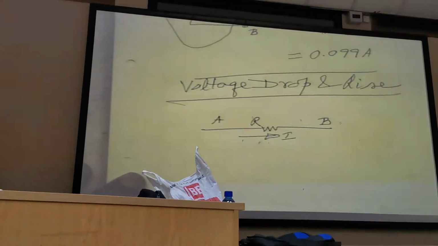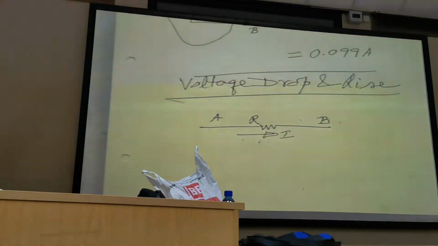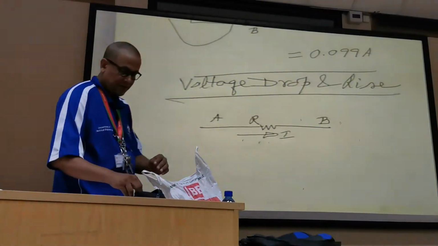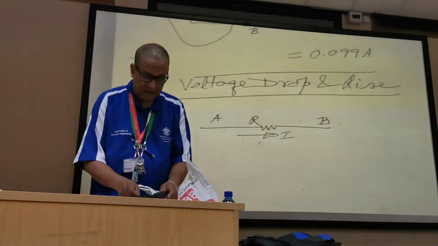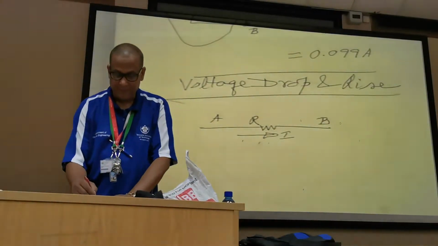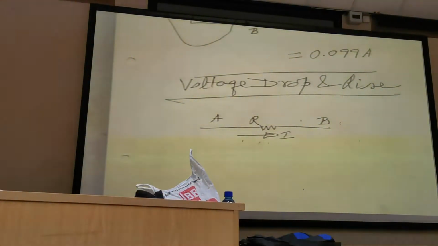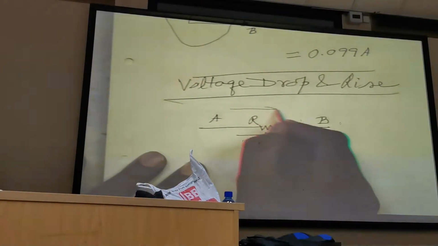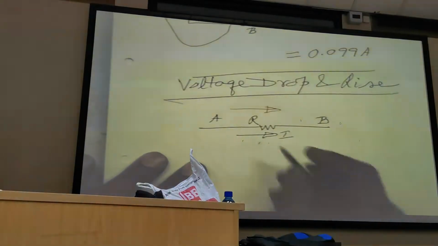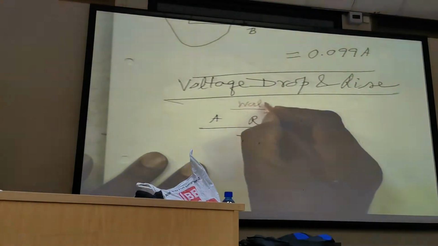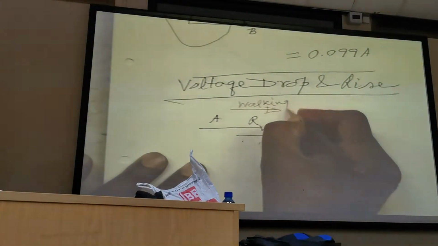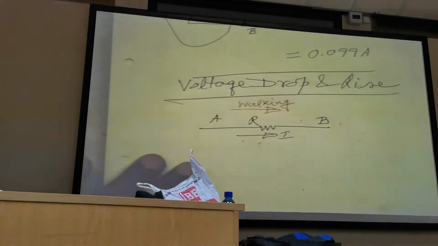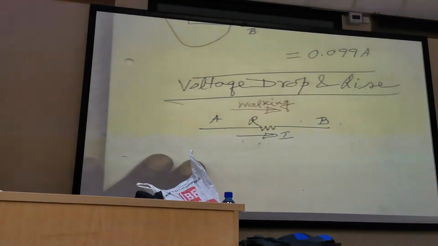Now you would like to work, I'm trying to find out if I have any red pen. So this is the direction of the current. Now you are walking along that direction. Okay, you are walking. Right? So in that case, you are walking along the direction of the current.